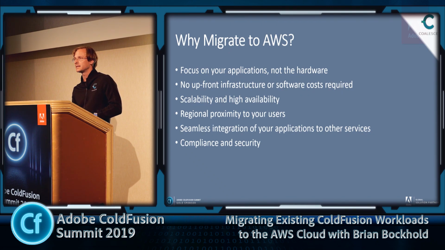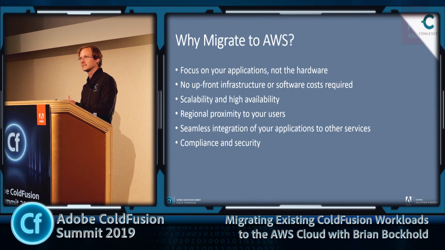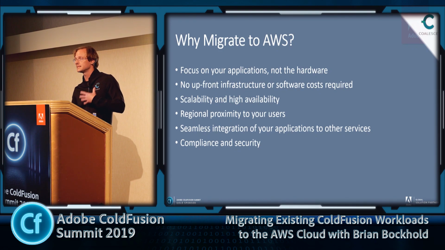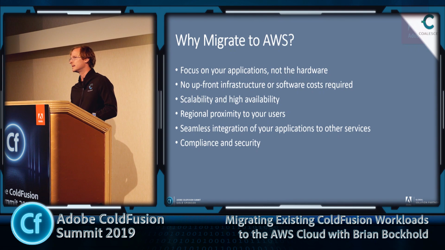With AWS, you can scale easily, and you can make it highly available, so you're not susceptible to outages. You can have regional proximity to your customers. You can choose to launch in the US East region if most of your business is on the East Coast, or go to the West region for the West Coast, and so on and so forth. And once you're in AWS, it's easy and seamless to connect to other AWS services. And lastly, the thing that's most important to my business is compliance and security.